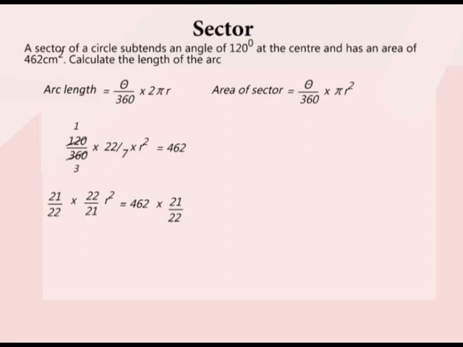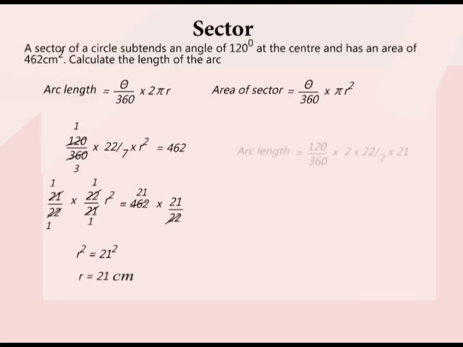So 22 cancels with 22, and 462 divides by 22 21 times. So we remain with r squared is equal to 21 times 21. We do not have to complete 21 times 21. We remain with r squared is equal to 21 squared. And so r is equal to 21 centimeters.